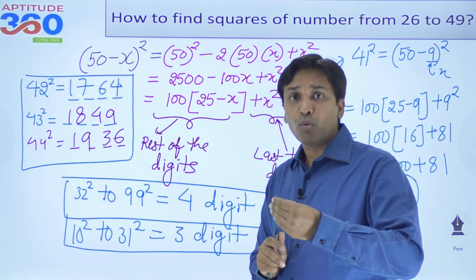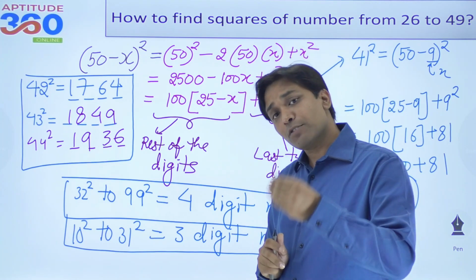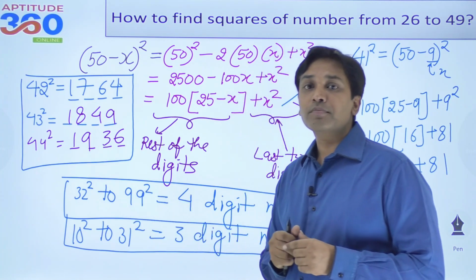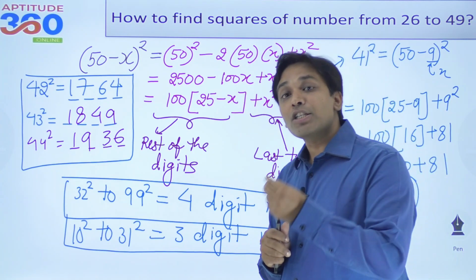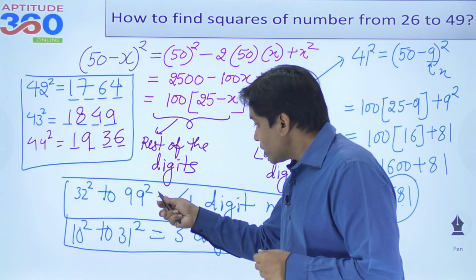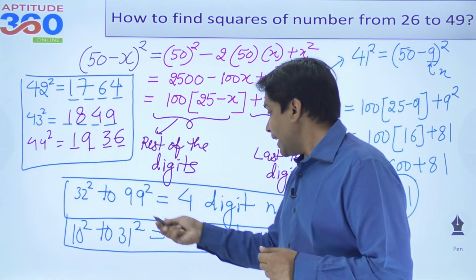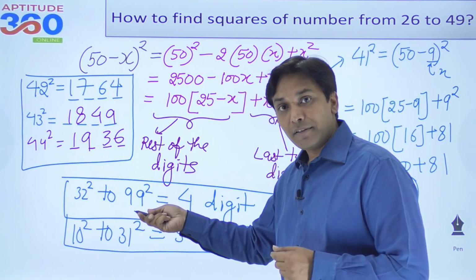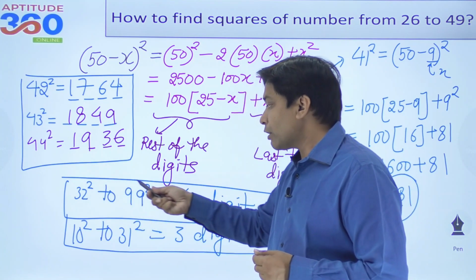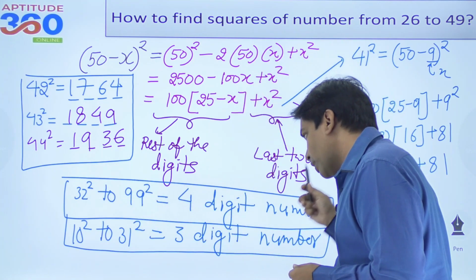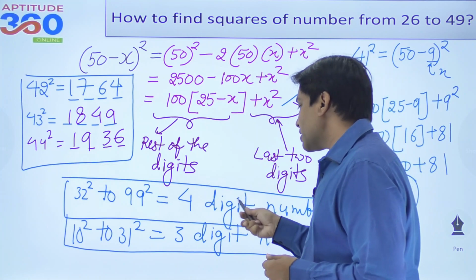If somebody asks you what is the least 4-digit perfect square number, it is 1024, which is the square of 32. And what is the largest 4-digit perfect square number? 9801, which is the square of 99. So 32 square to 99 square is assuredly going to be a 4-digit perfect square number.